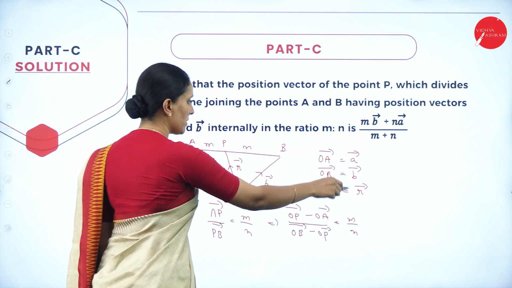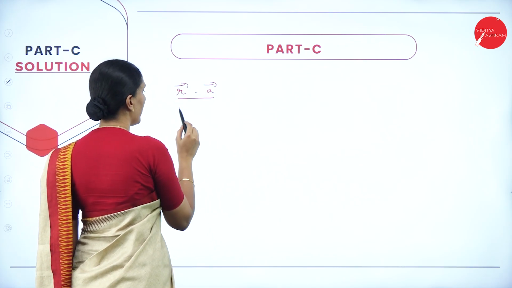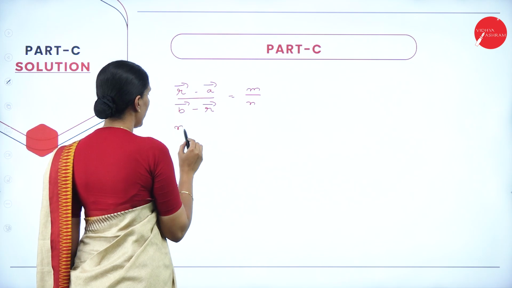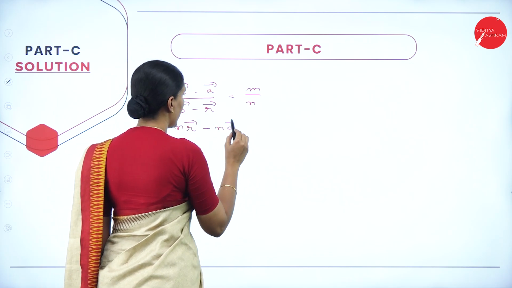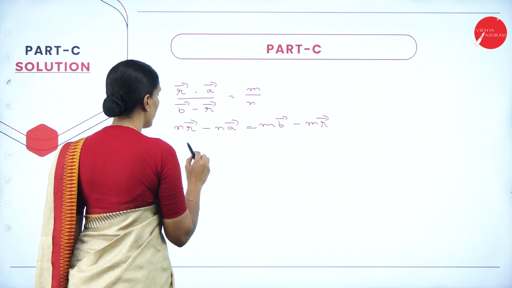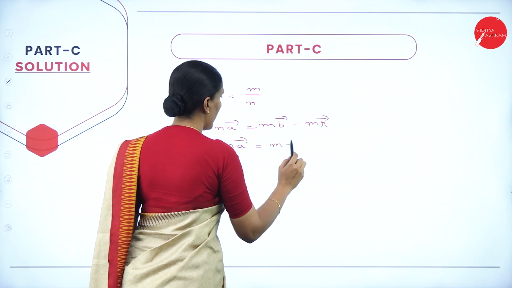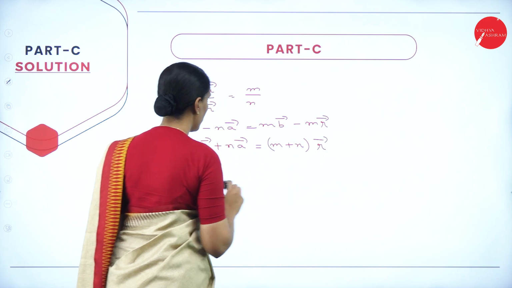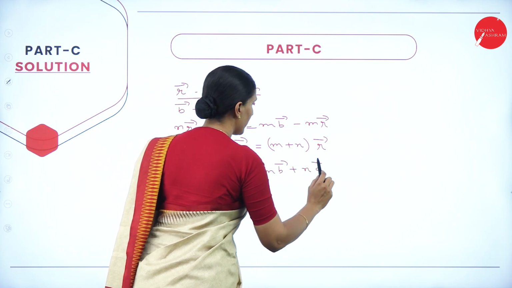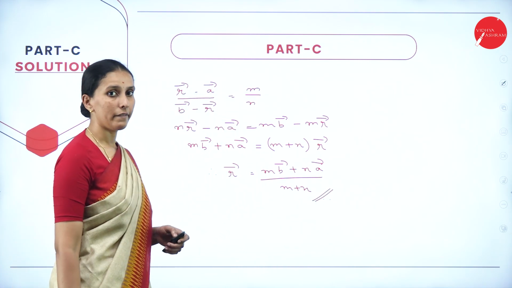Let's substitute these values here. Then we get vector R minus vector A divided by vector B minus vector R is equal to m by n. Cross multiplying this, we get nr minus na is equal to mb minus mr. So mb plus na is equal to m plus n into vector r. So therefore vector r is m into vector b plus n into vector a divided by m plus n. So this is the position vector of the vector r.